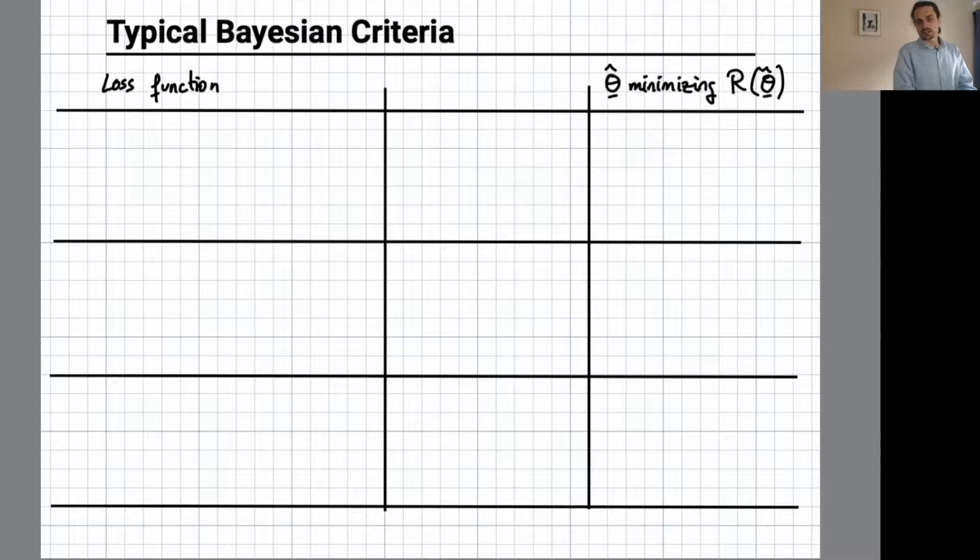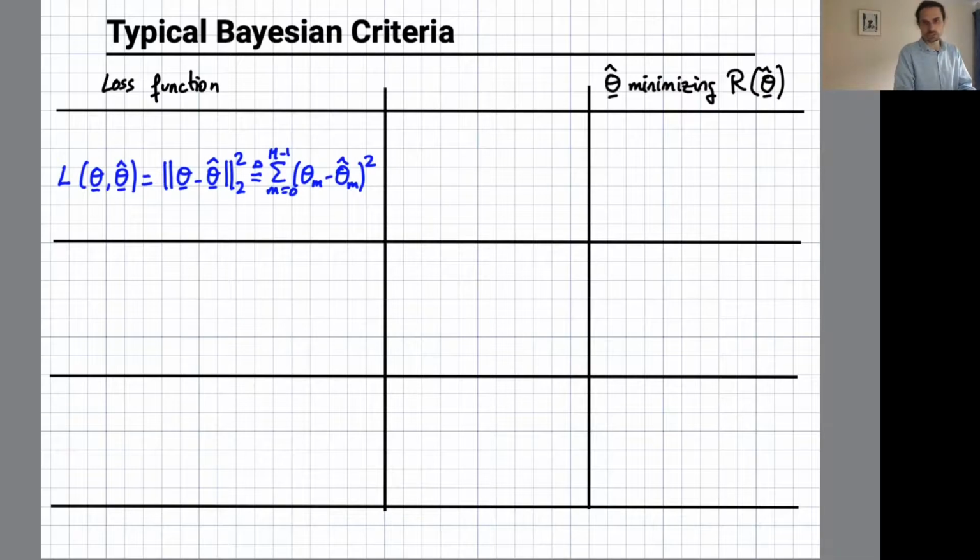For each possible choice of the loss function, there will be an estimator that minimizes the resulting Bayes risk. So let's look at some examples.